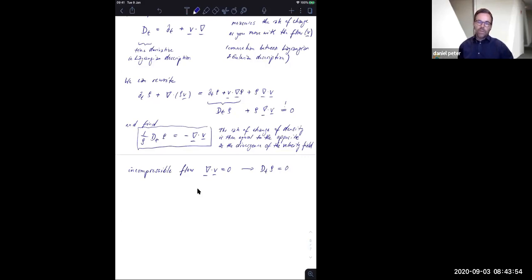That's the point we want to make. If we put ourselves into this Lagrangian description and we look at incompressible flows, where the divergence of these velocity fields vanishes, then it's very simple because the material derivative of density is zero. That's conservation of mass.